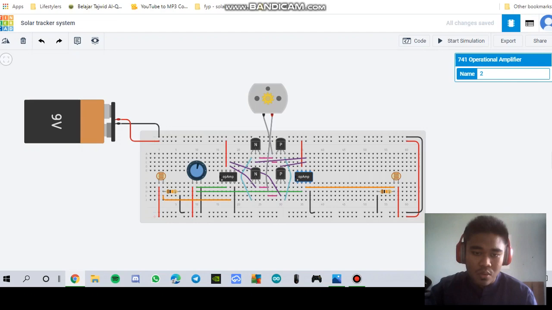I use two op-amps, used as voltage comparators, and then the NPN and PNP transistors work as switches in the circuit, and the last one is the motor itself.